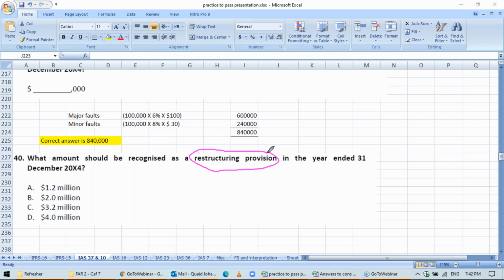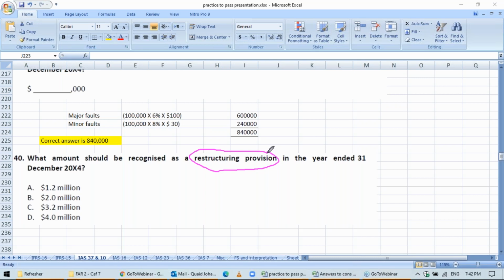By restructuring, we mean that the company is changing the method of producing, like moving on from manual production to automated production, or closing some branches, or terminating some employees. So they are reducing something or changing the way of doing things.